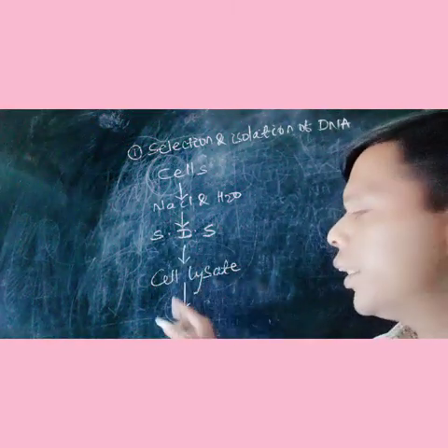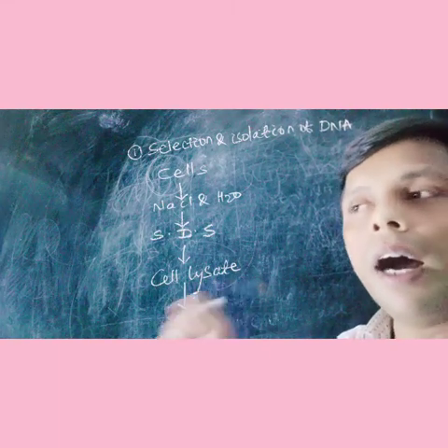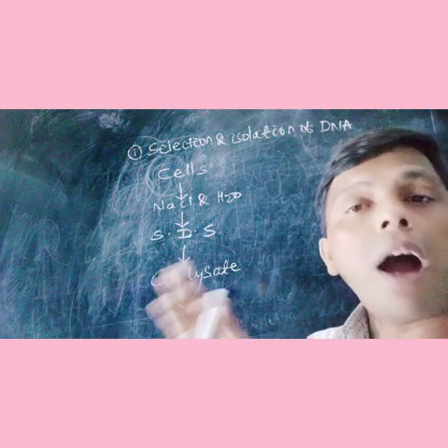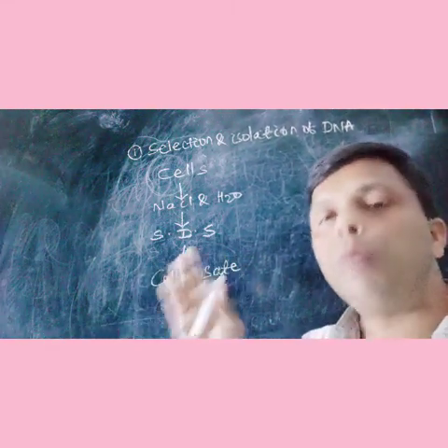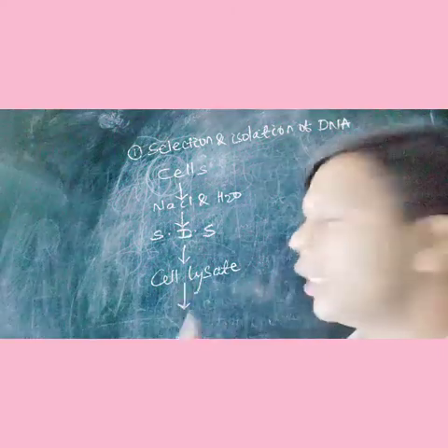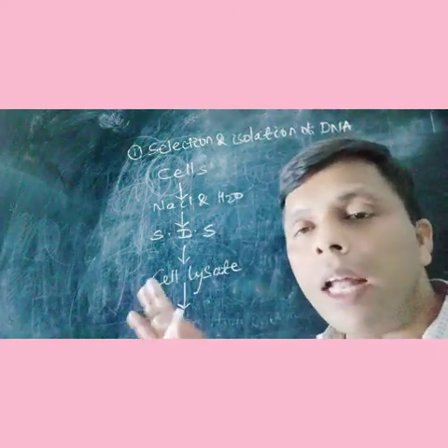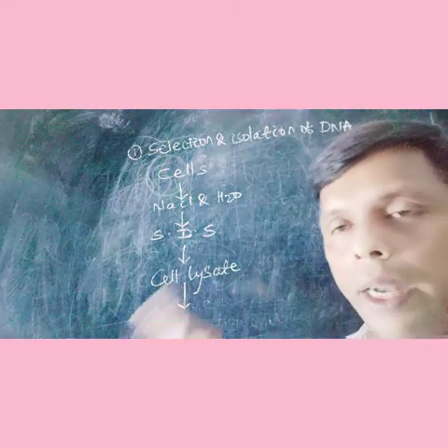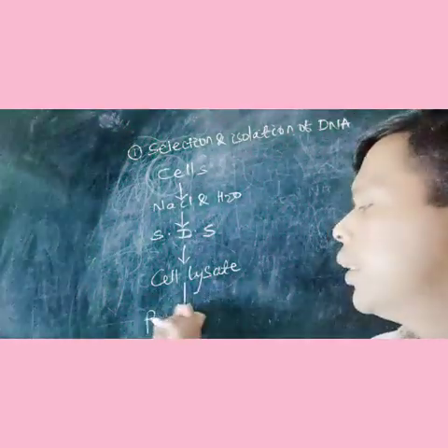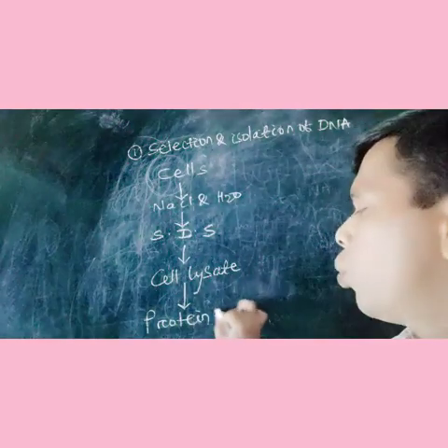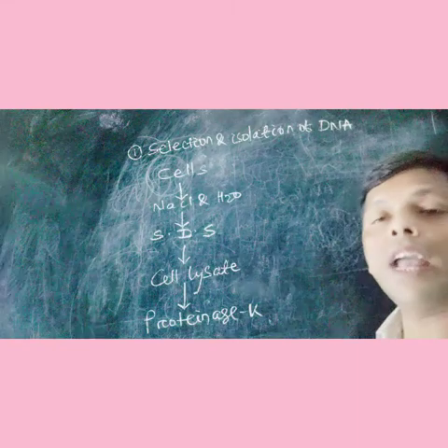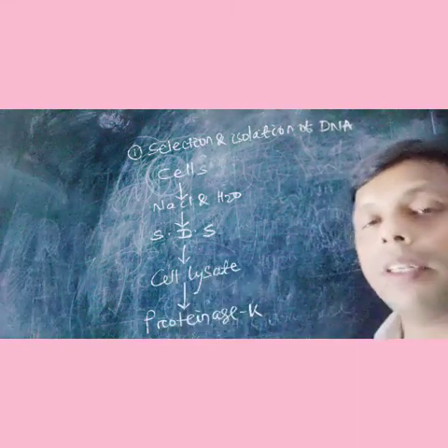This cell lysate consists of RNA, DNA, protein and other cytoplasmic components. But out of these, we have to select DNA only. So for collecting DNA, we have to remove the proteins first. The cell lysate is treated with proteinase enzyme, which can digest the protein.